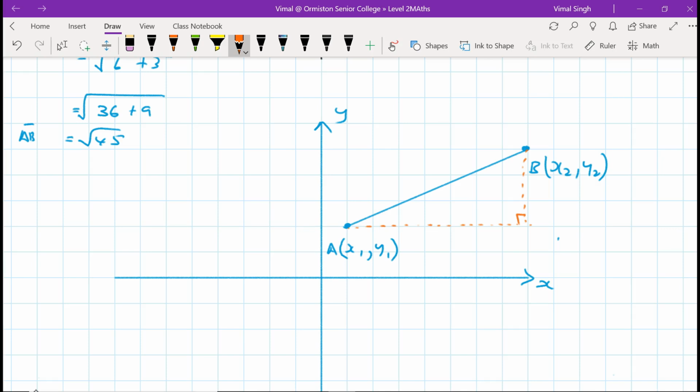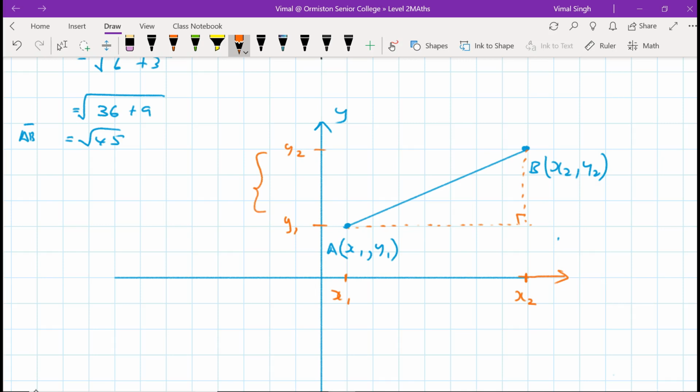This point is x1 and this point there is x2. If I extend that, this point there is x2 and that point there is x1. Over here this is y1 and that point there is y2.